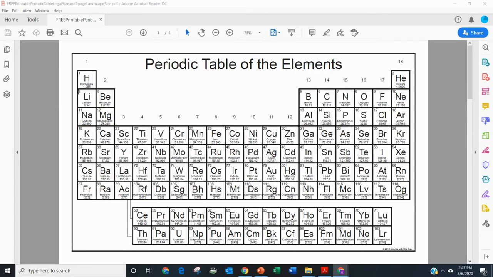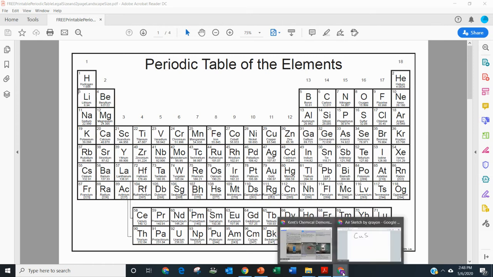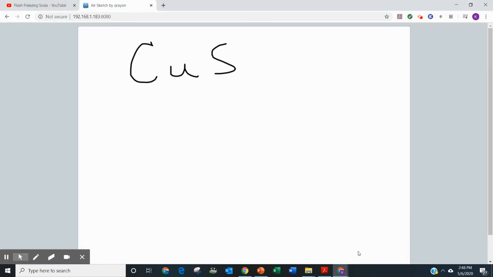Okay, thinking about it, I think this one needs a little bit more explanation. So if we have CuS as the formula, sulfur is over here, so we know it has a -2 charge. But we don't know what copper is.